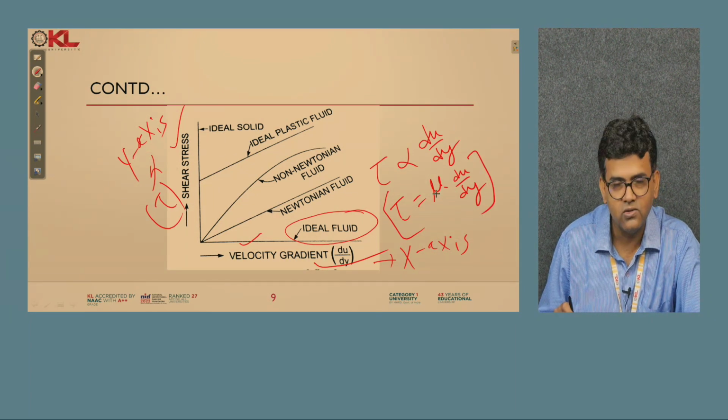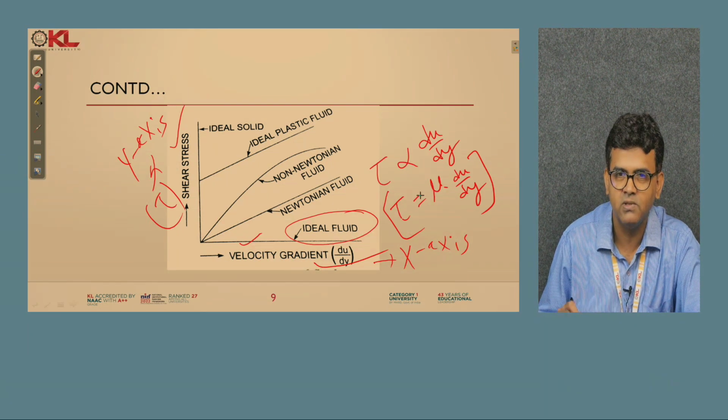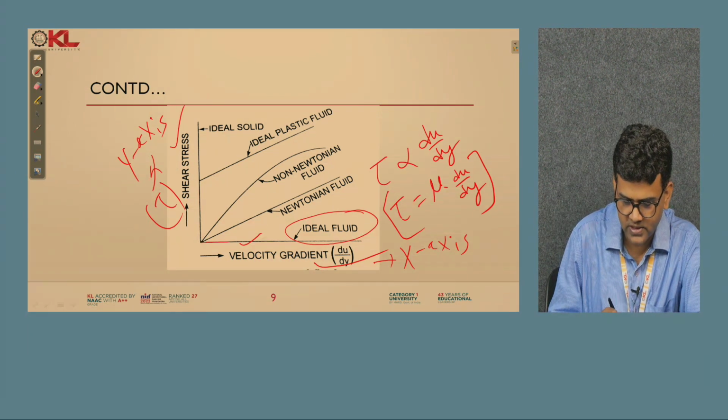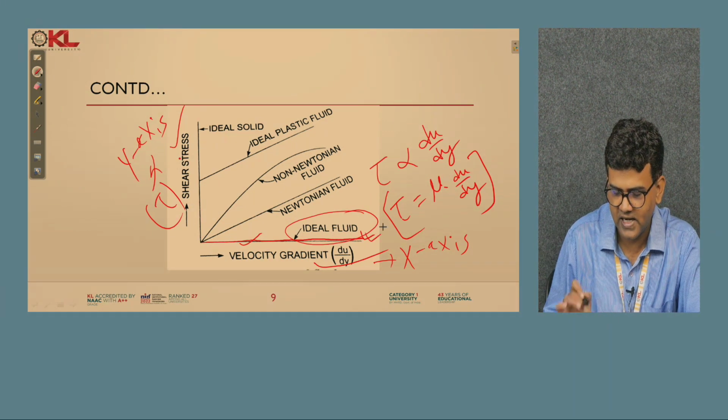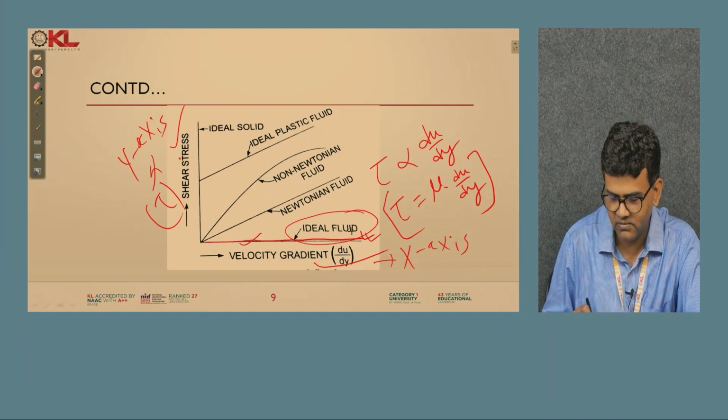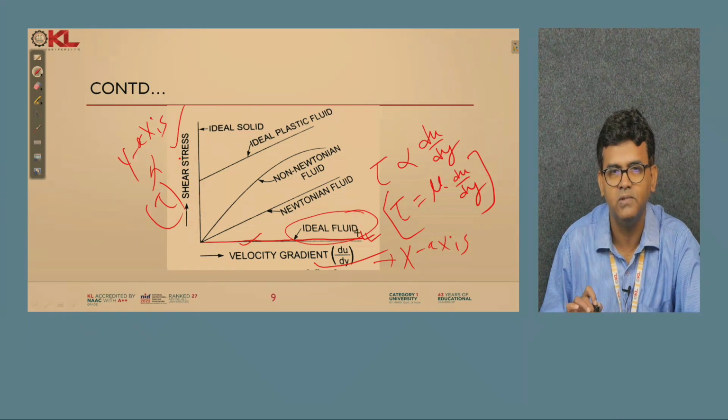When there is no viscosity, the mu value will be 0. When its value is 0, then shear stress will be 0. So this line represents the 0 value of shear stress. That is called the ideal fluid. Ideal fluid means the viscosity is 0, so the tau value will be 0.